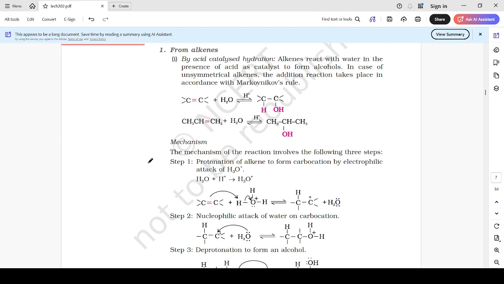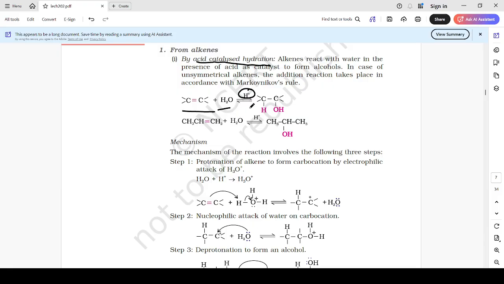Going for the preparation of alcohols from alkenes. So let's look at the mechanism here. First reaction is called acid catalyzed hydration. I take an alkene and treat it with water in the presence of acid medium.